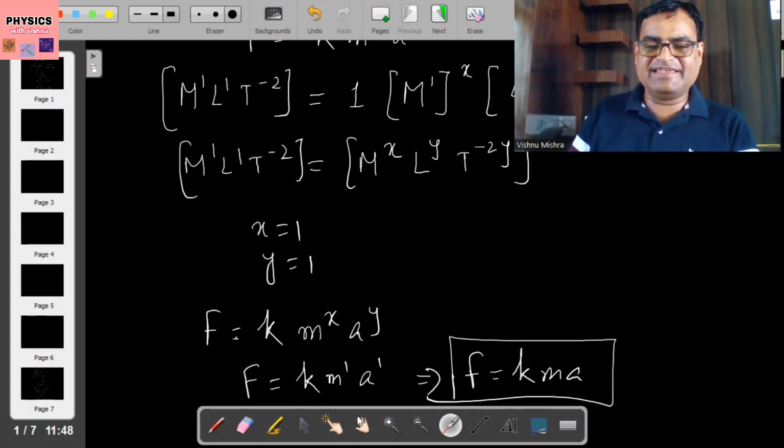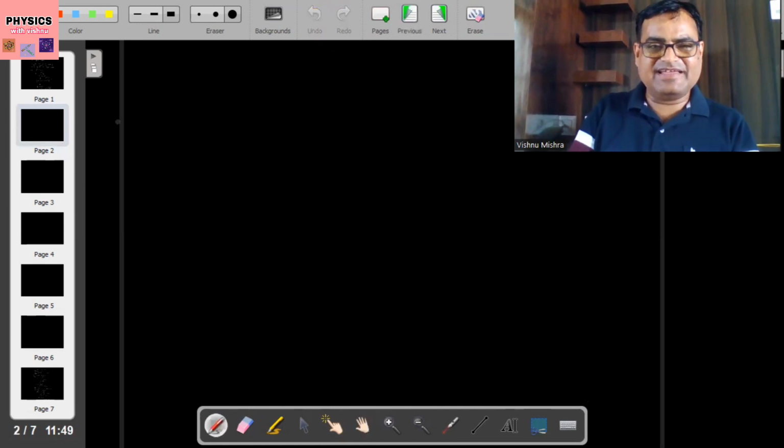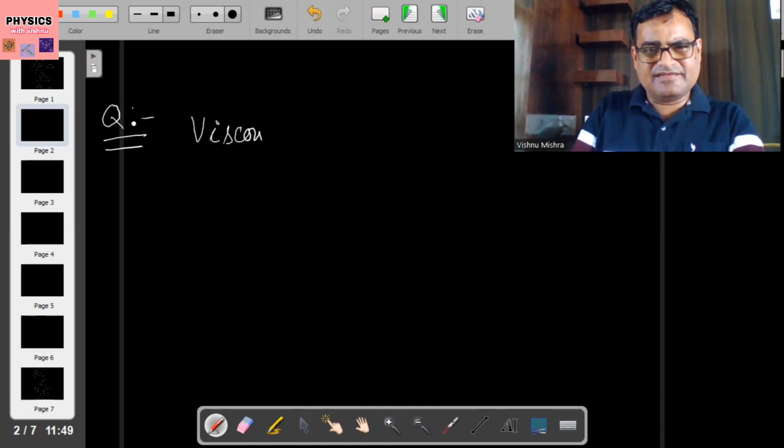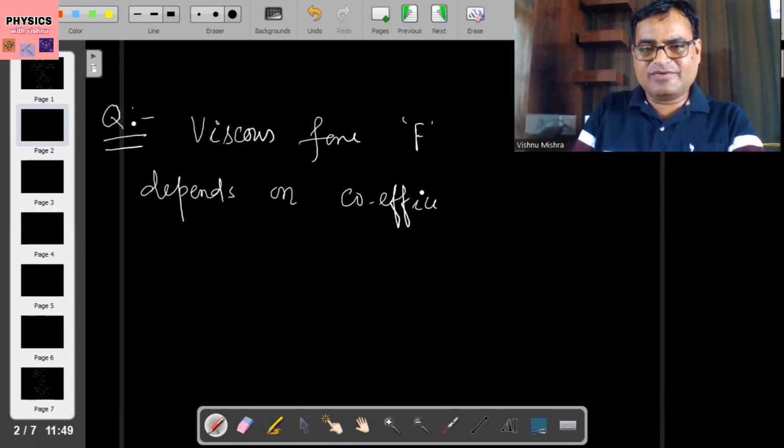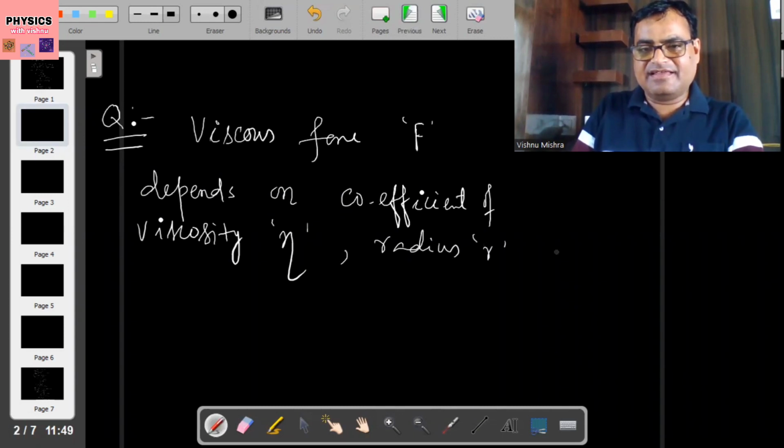Another example I can give you. It is given that the viscous force F depends on the coefficient of viscosity eta, the radius r and the velocity v.